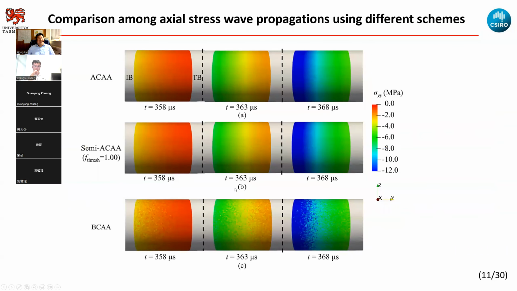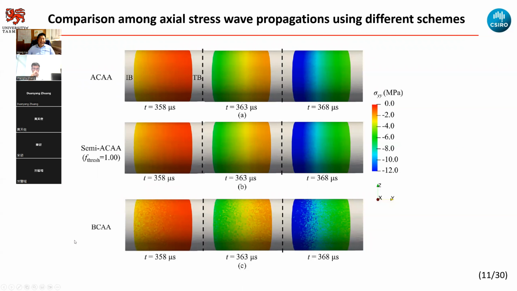Besides that, we overcome the problem with the failure pattern, and we also notice it gives more reasonable stress wave propagation. Looking at the ACAA and the semi-ACAA, both cases have very good stress wave propagation.